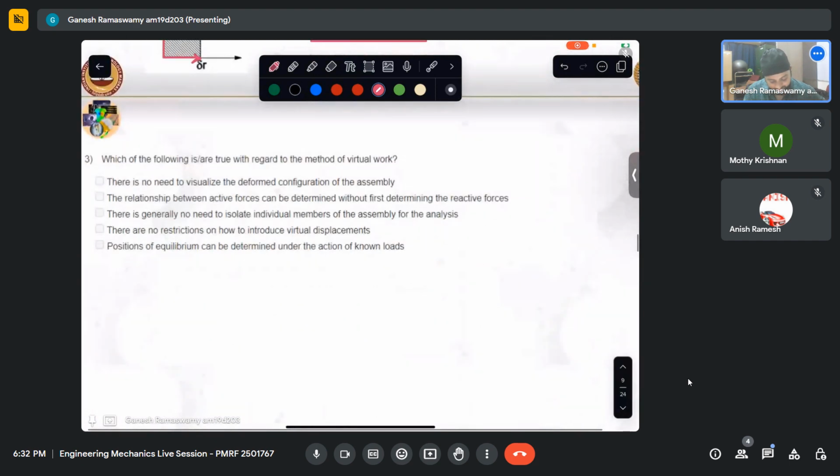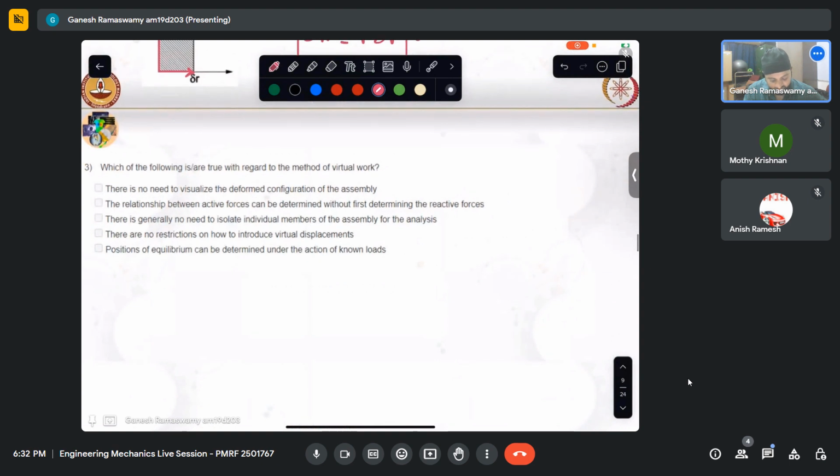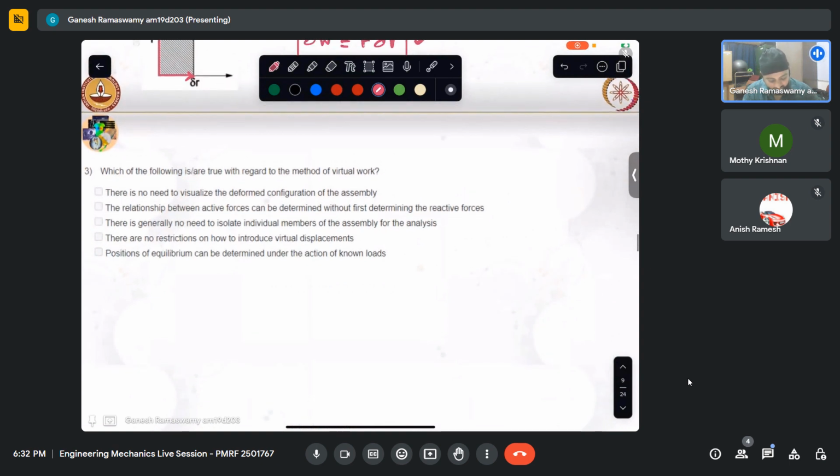Which of the following is or are true with regard to the method of virtual work? Is our question. There is no need to visualize the deformed configuration of the assembly. This is certainly not true. There is absolutely a need because we should give consistent virtual displacement, and without visualizing we cannot find out whether the virtual work contribution due to an active force is positive or negative.